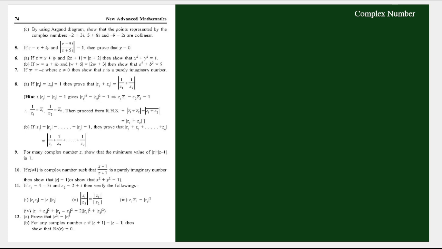Then next, what do we have? For any complex number z, so that the minimum value of modulus z plus modulus z minus 1 is 1.